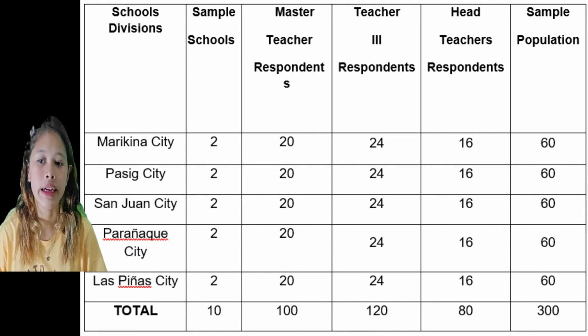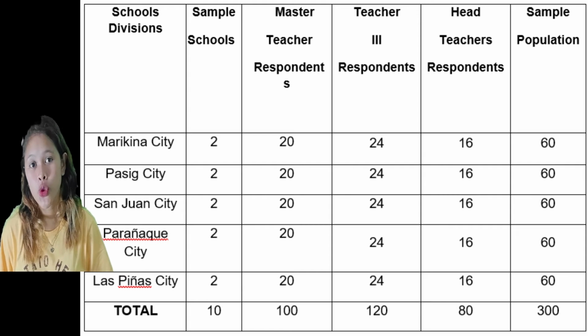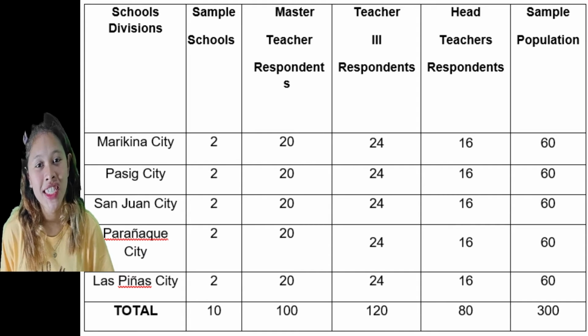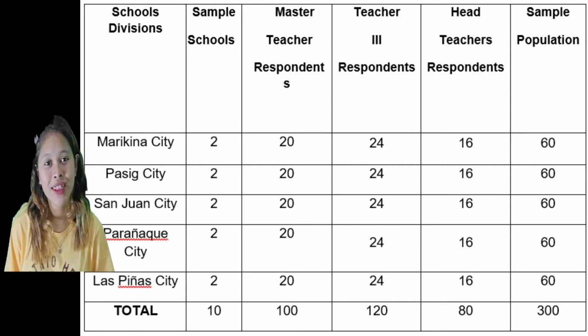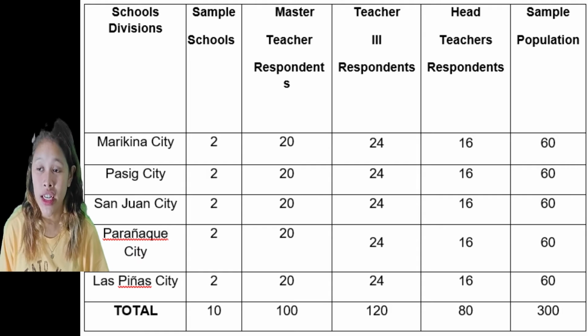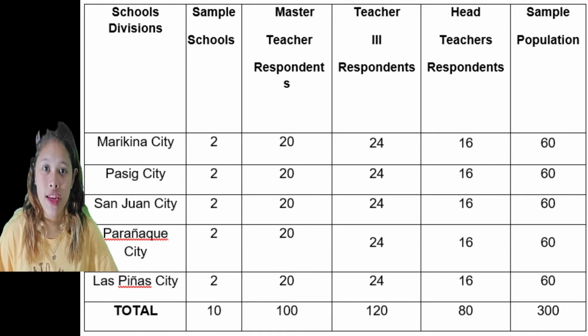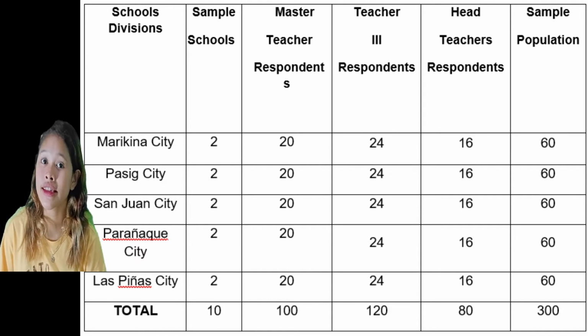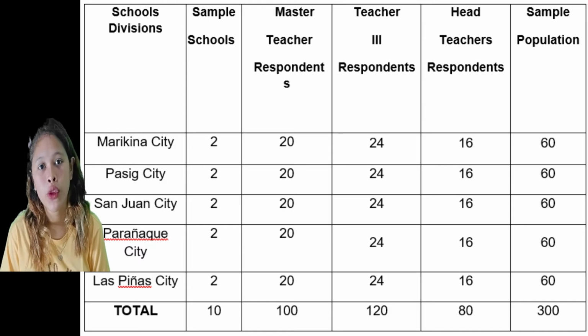In Pasig City, sample schools is 2, and the master teacher respondents is 20, Teacher 3 respondents is 24, head teacher respondents is 16, and the sample population is 60. How about San Juan City?